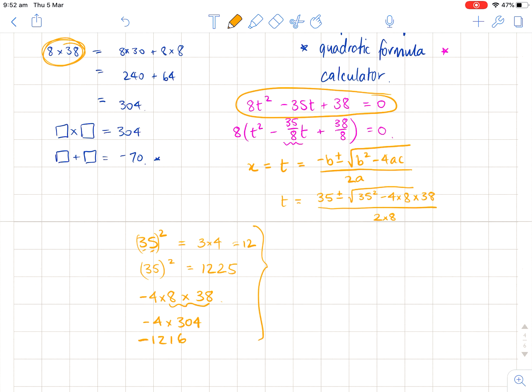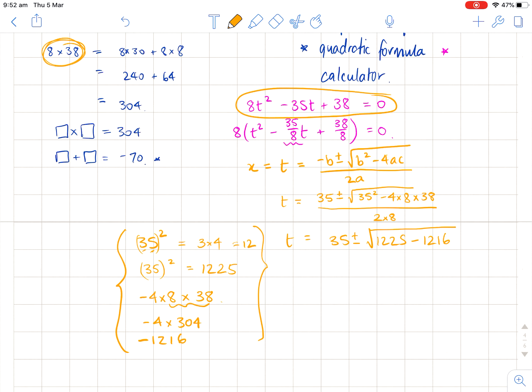Alright, so this is my rough working. Keep a nice organised system over here. I've got 35 plus or minus the square root of 1,225 minus 1,216, all divided by 16. So it's 35 plus or minus the square root of 9, divided by 16, which is 35 plus or minus 3 divided by 16.